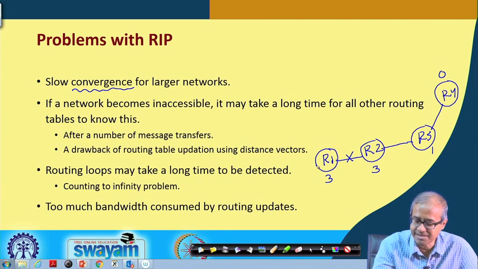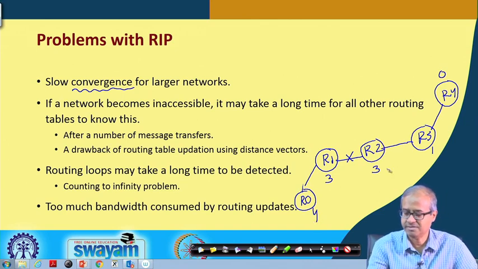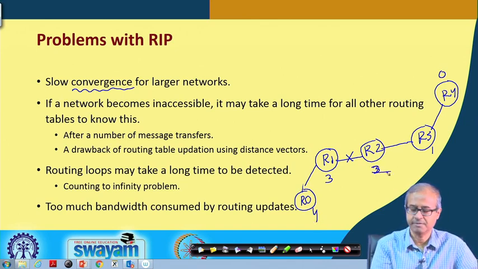And let us say there is another router here, R0, which initially was 4 hops away, this was 2. Now, this link has failed.